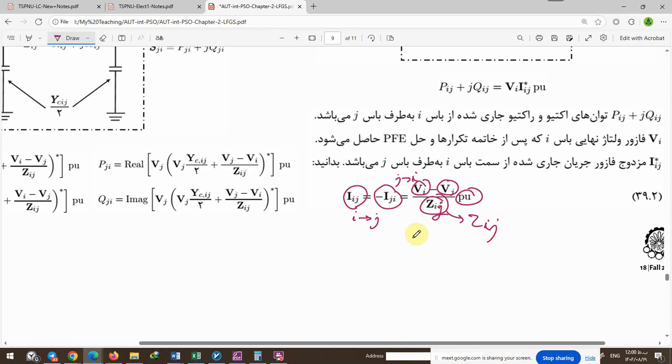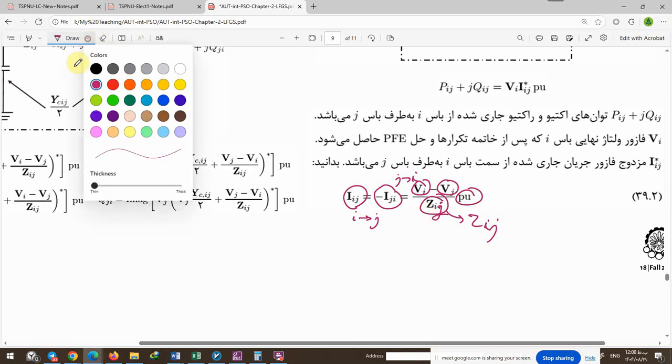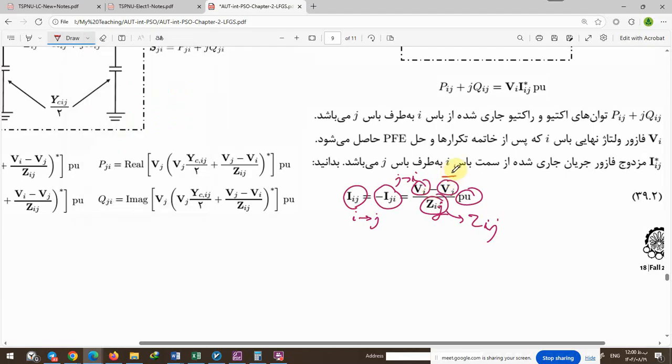And you have to pay attention that these parameters are all vectors. A vector means Vi has a magnitude with an angle of delta I. These items are vectors, not scalars.